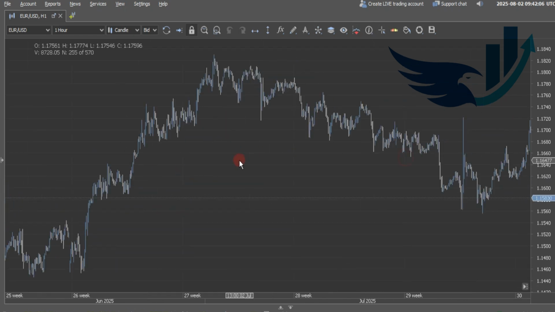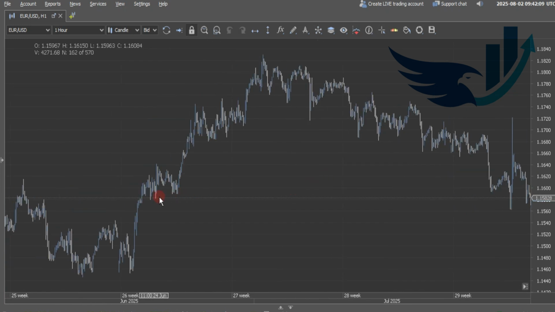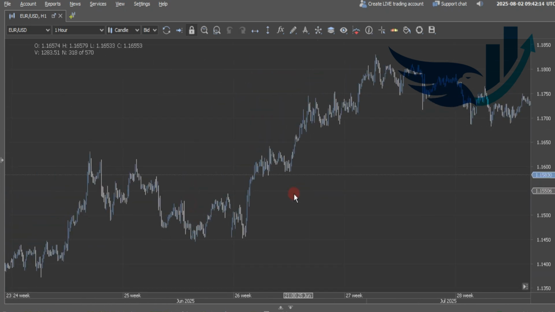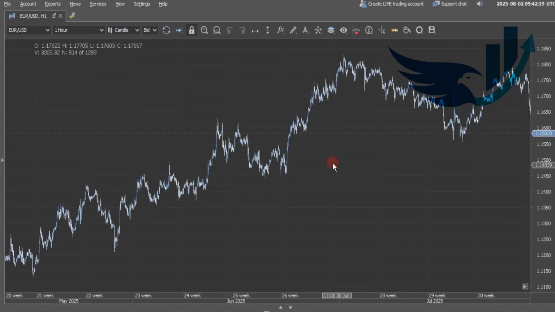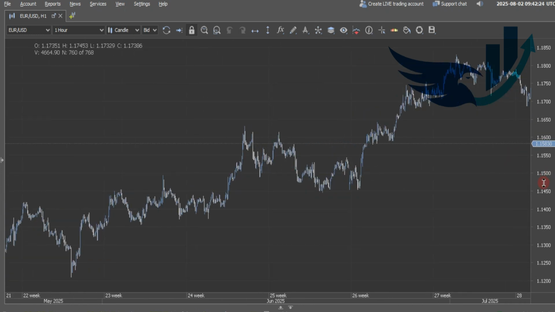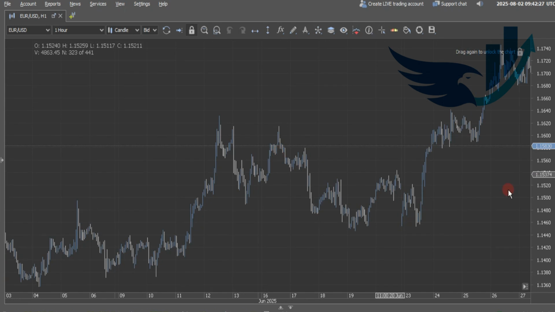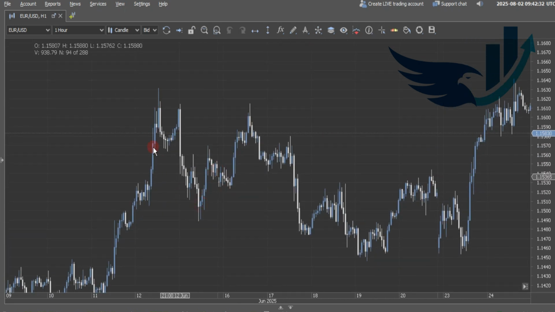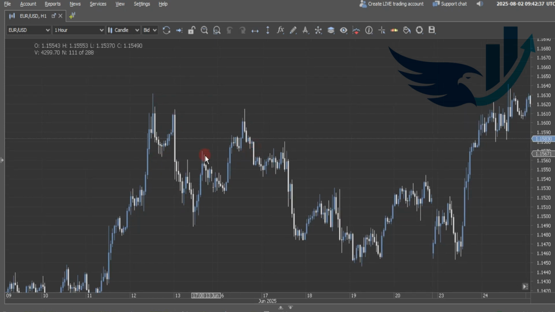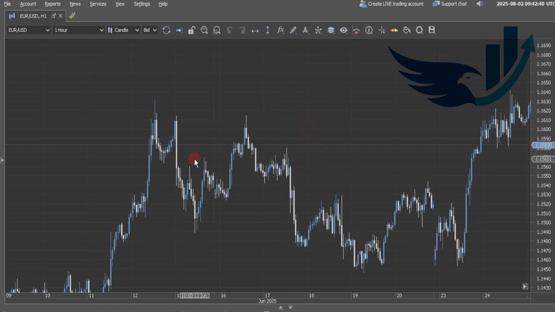Then we're gonna follow all the instructions that I'm gonna tell you in the next videos or sessions. So this is our naked chart, and I'm gonna find a kink for the start. For example, here I'm seeing a pause in this bear trend, and I'm gonna take it like this.